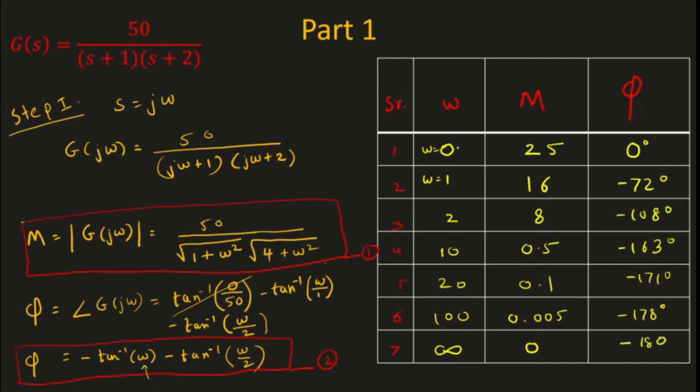So for every omega I'll get magnitude and phase. If I plot this magnitude and phase, I will get the first part of the Nyquist plot.